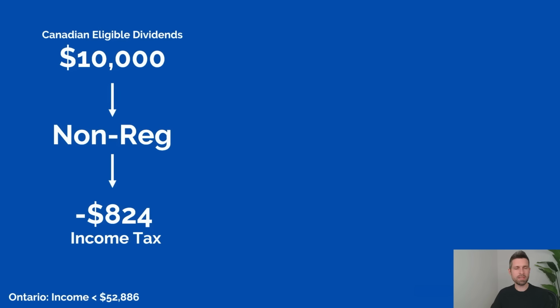So let's take a look at the same example, 10,000 of Canadian eligible dividends being paid in a non-registered account in 2026 and beyond in Ontario at that lower tax bracket. It's going to lead to a negative tax of $824. Now, the dividend tax credit is non-refundable, so we need to trigger some sort of income to take advantage of that negative tax rate. So we need to find some sort of income that generates another $824 of tax at a minimum.